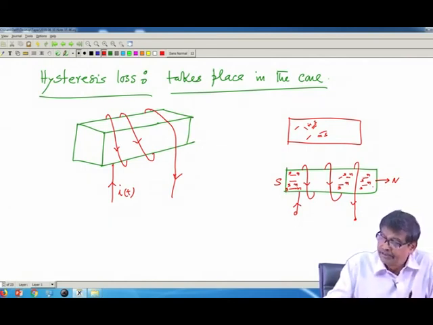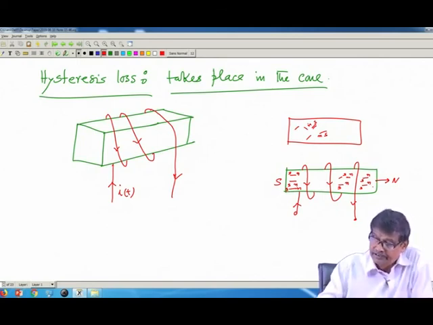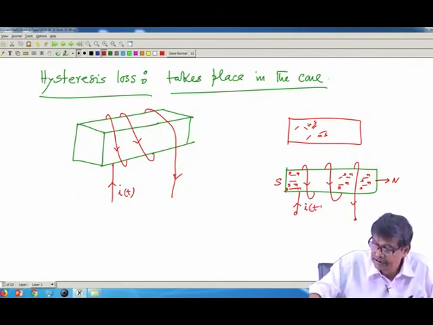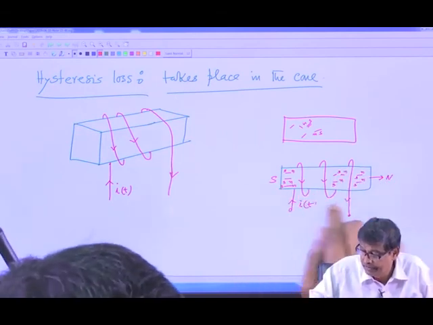Now, suppose this current is time varying. Therefore, when the current is positive, each tiny magnet was trying to align along this way.